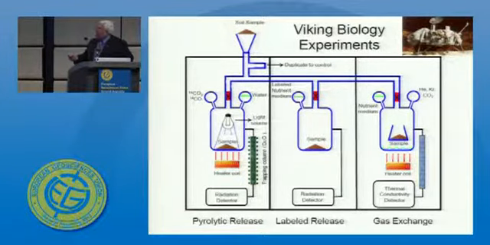In all cases, soil was taken from the Martian surface and introduced into different chambers. The first experiment was the pyrolytic release experiment, which tried to determine whether there were photosynthetic organisms on Mars.